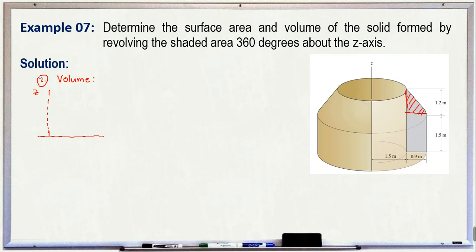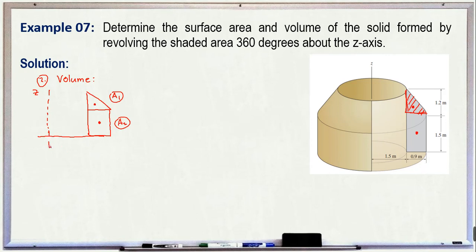Each has its defined centroid. Again, in the drawing, we have the triangle with its centroid here, and we have here the rectangle with its centroid. So we have area 1 for the triangle, area 2 for the rectangle.